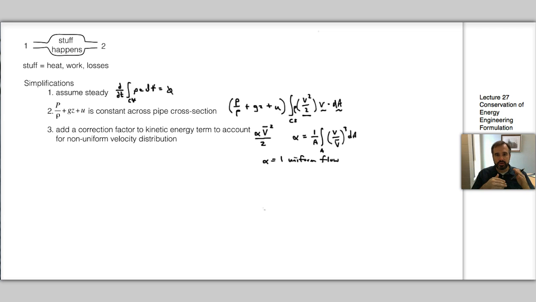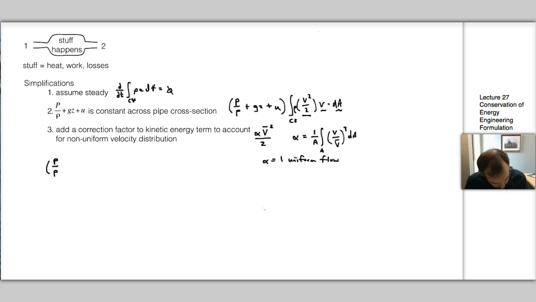So if there's no variation in the flow, we get alpha equal to 1 when we pull back out our equation. However, we know again that the velocity is not uniform. We're just going to plug that alpha in. And by using that alpha for particular shapes of conduits, we can pull the V squared over 2 term out of that equation as well. And we end up with something that looks like this.